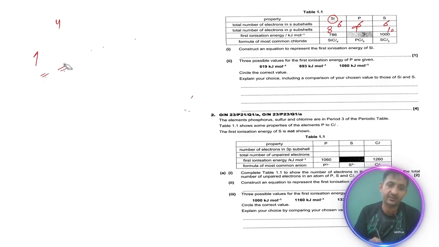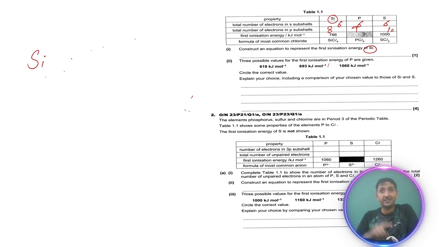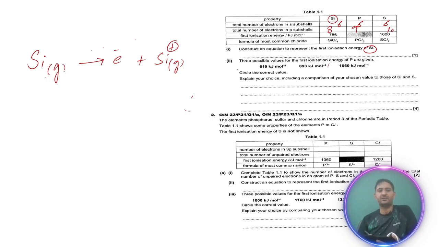Silicon in nature exists as a solid, but in ionization energy you write it as gas. It loses 1 electron, and you get a silicon positive gaseous ion. This is the first ionization energy for silicon.